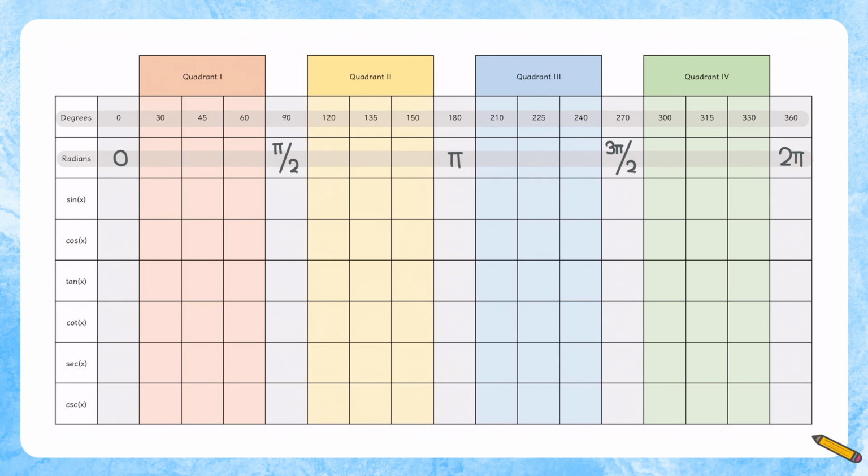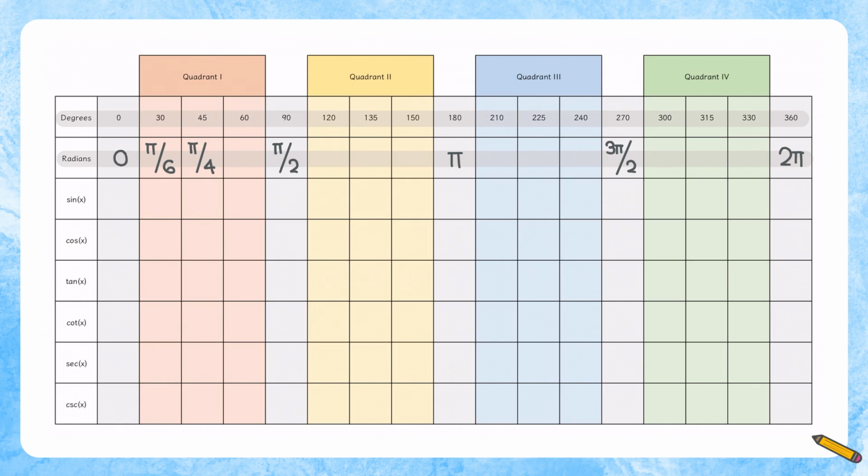So we just figured out a few values going from degrees to radians. So we found out that 30 degrees written in radians would be pi over 6. So here, pi over 6. And we also converted 45 degrees into radians, which was pi over 4.